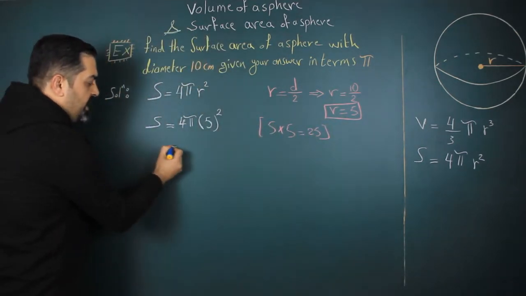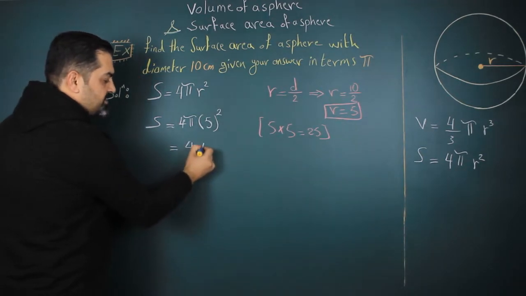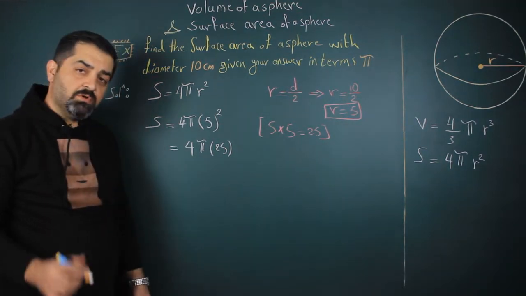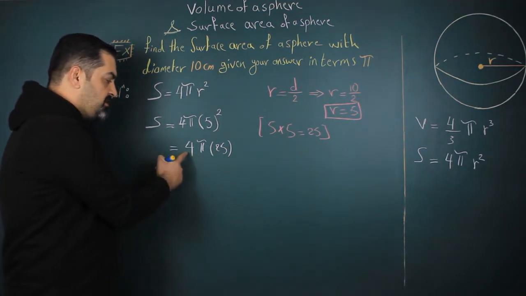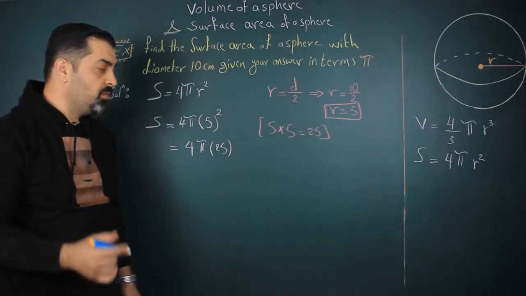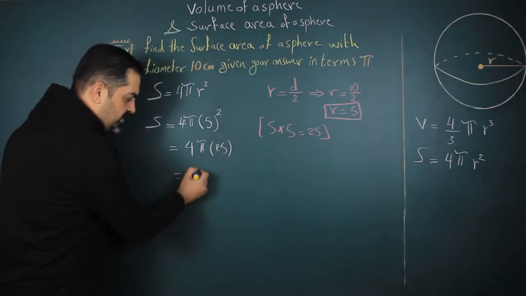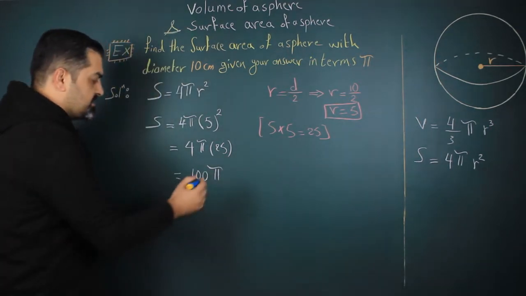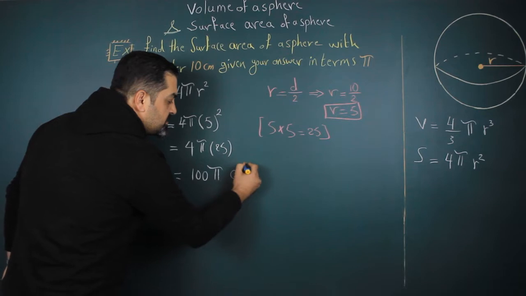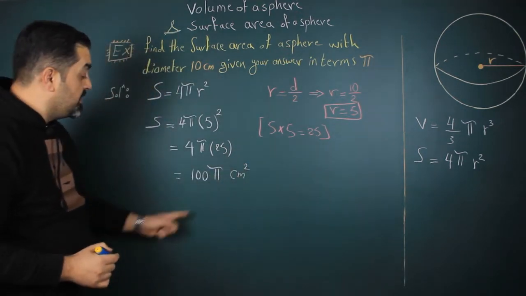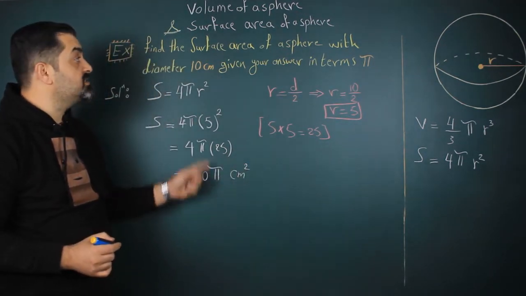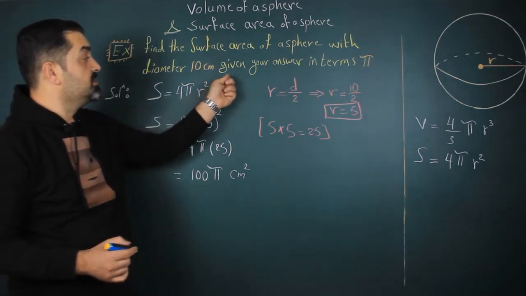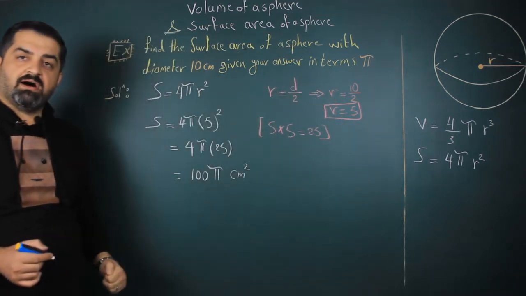So S is equal to 4 times pi times 25. And if you multiply 25 by 4, that gives you 100 pi, and the units are centimeter squared. This is the answer of this example, and the answer is given in terms of pi.